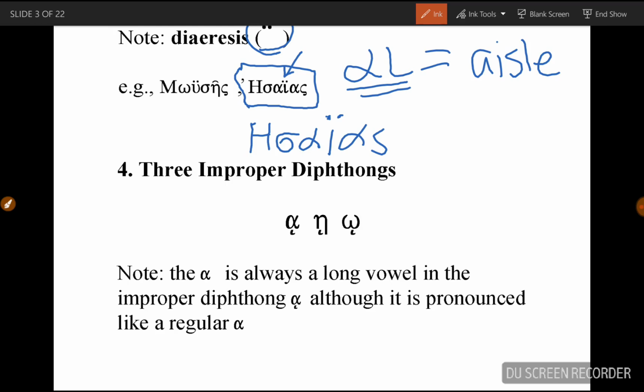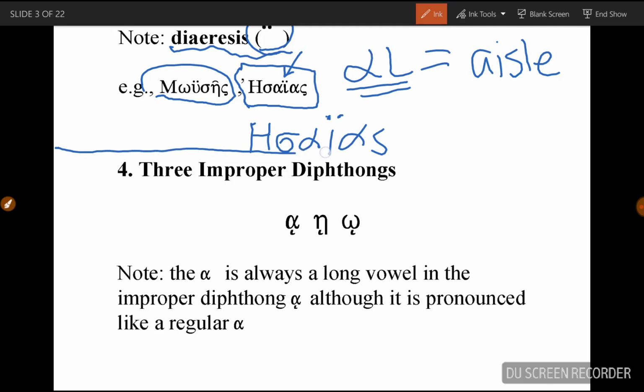And the reason why we have diaeresis, this is the name of the punctuation mark, is because especially with foreign language words that are translated or transliterated into Greek, sometimes the Greek has a hard time pronouncing the foreign language words. So in this case, Isaiah is a Hebrew name. And how do they approximate Isaiah in Greek? Well, what they came up with is Esaias. So they think that that's the way to say Isaiah in the closest possible way. This other word here is Moses. And so that's the word for Moses.